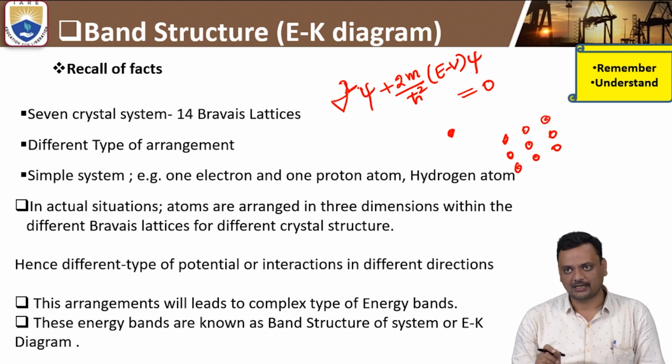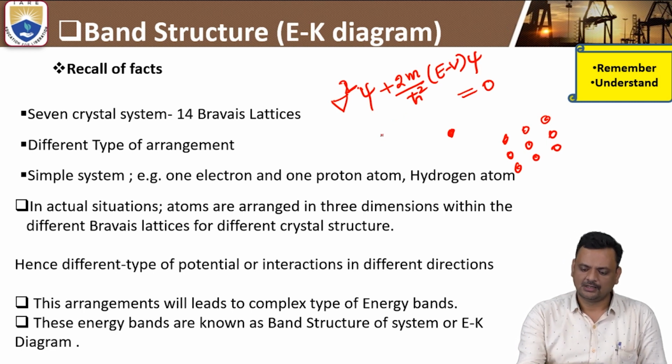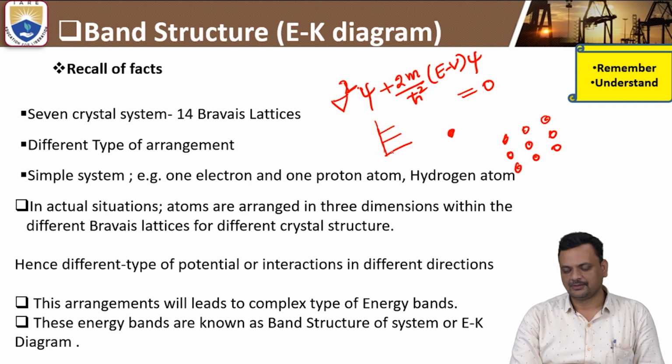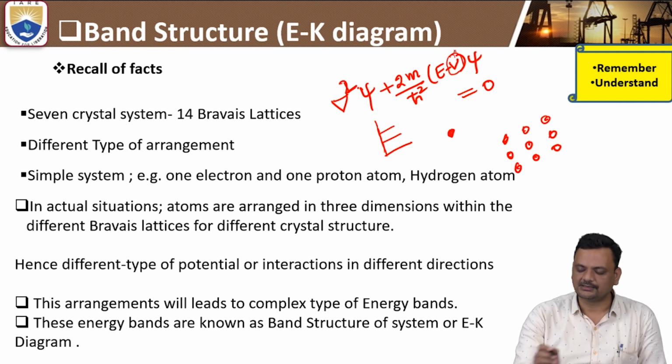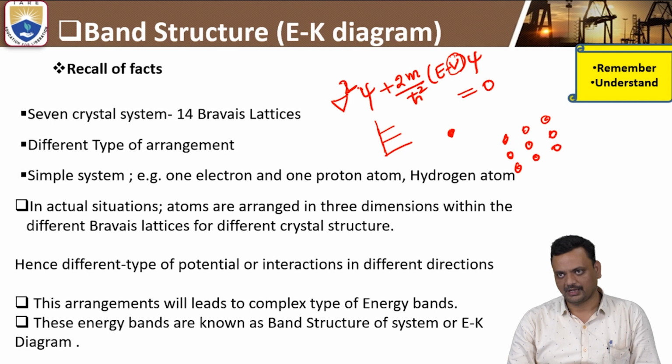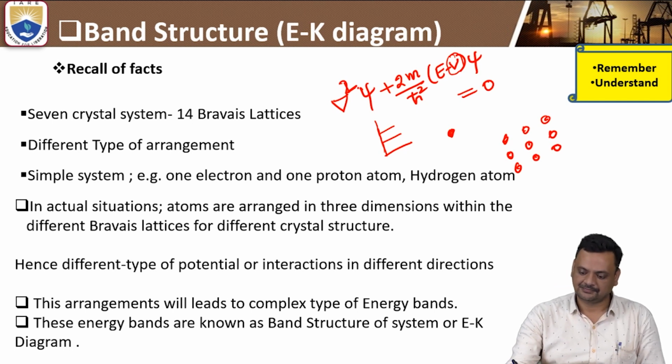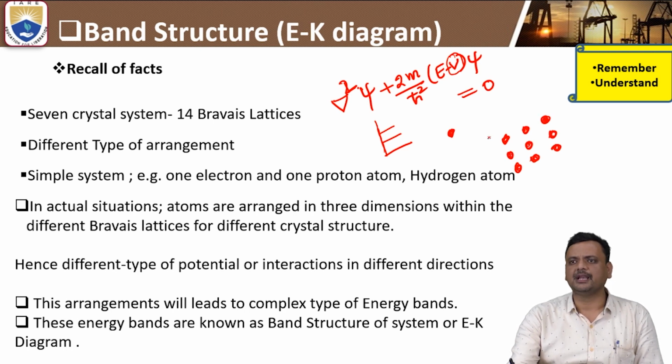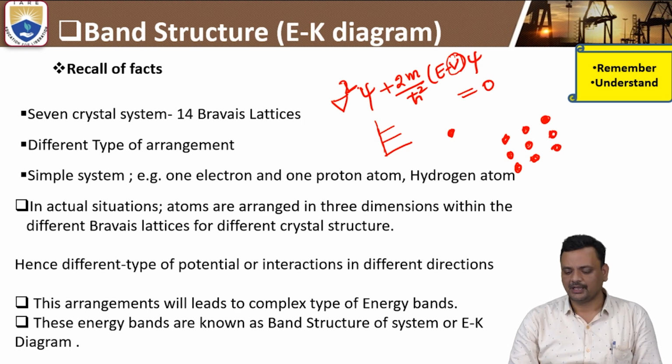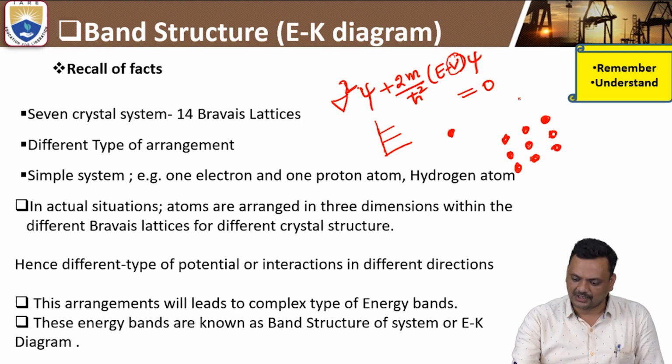When I solve qualitatively for a single electron and proton atom, a single isolated atom, this Schrodinger equation gives a sharp energy level. Here the potential energy term is there. But when we consider a many-electron atom system, this potential energy term becomes very complex.